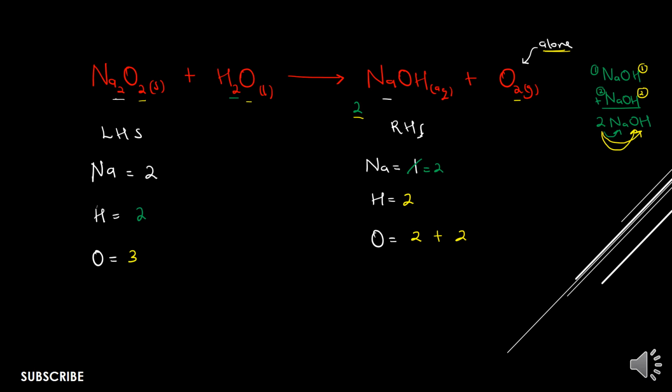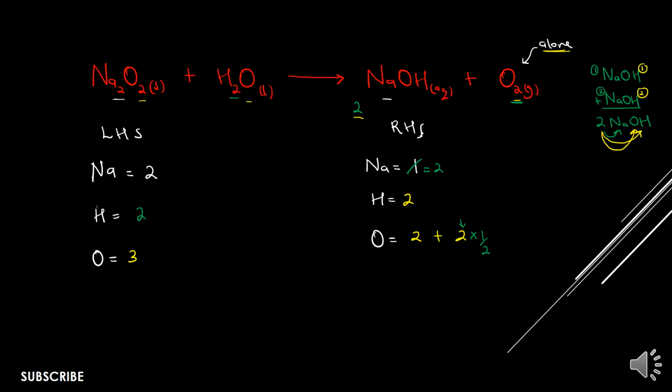I'll have to ensure that I put a certain fraction in front of oxygen, and this 2 is coming from our oxygen molecule. So what can I multiply by this so that when I add it to 2, I get 3? So I have to find a way of making this 2 a 1. So I'll have to multiply this by a half.